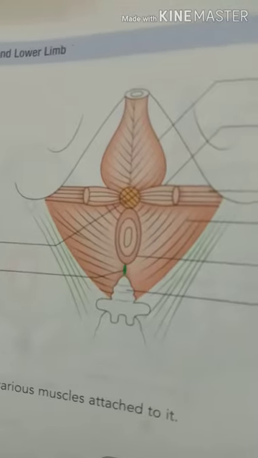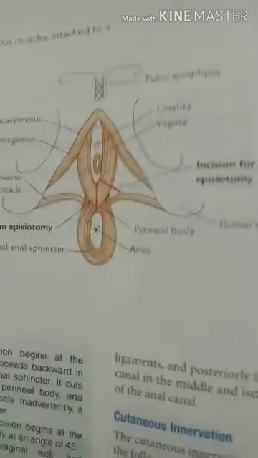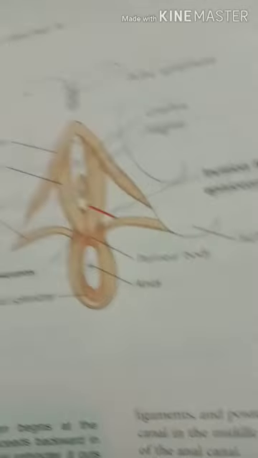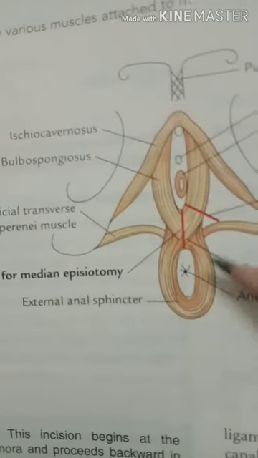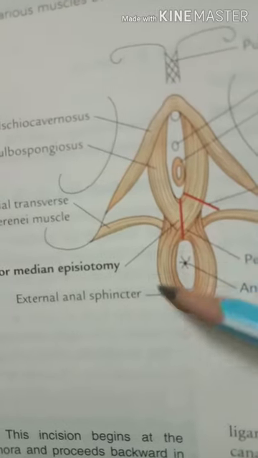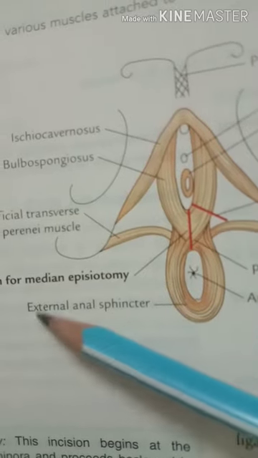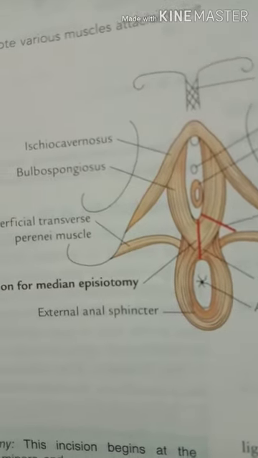Okay. Then next to it is the external anal sphincter. Here in this diagram you can see the external anal sphincter. This is the anus, and this is the muscle fiber covering present around the anus, called the external anal sphincter.